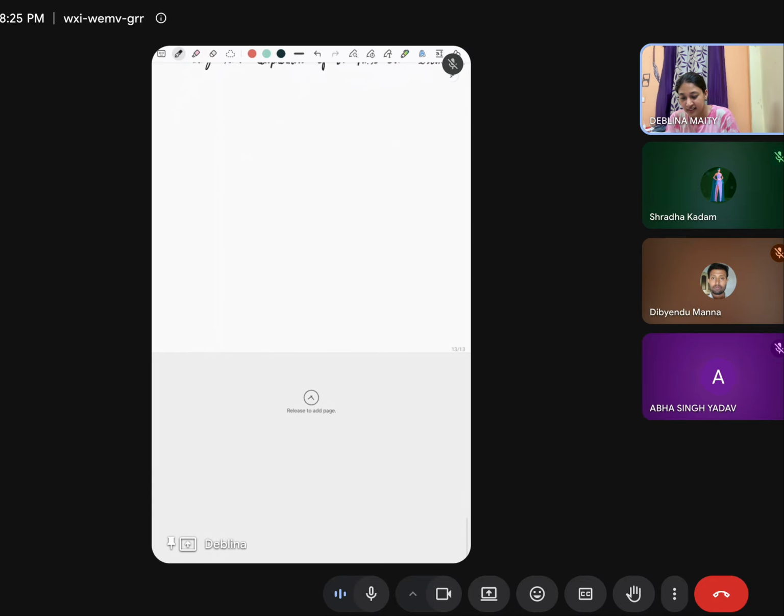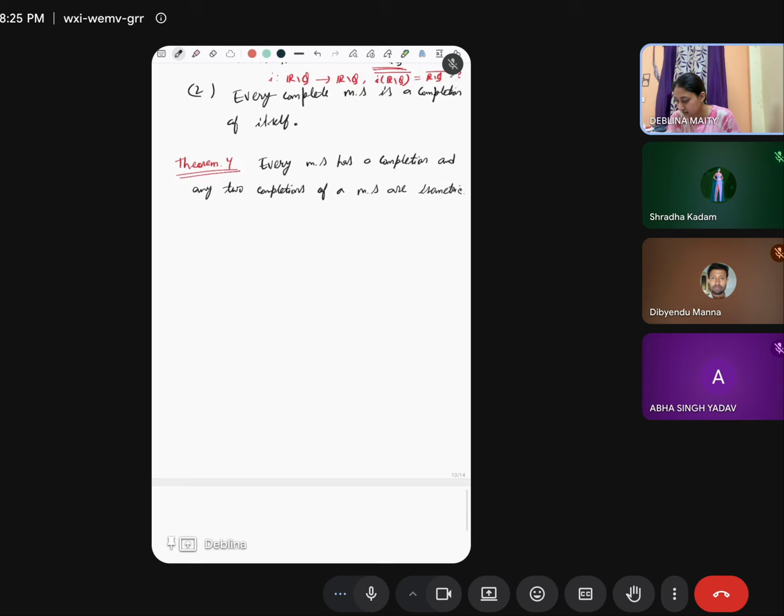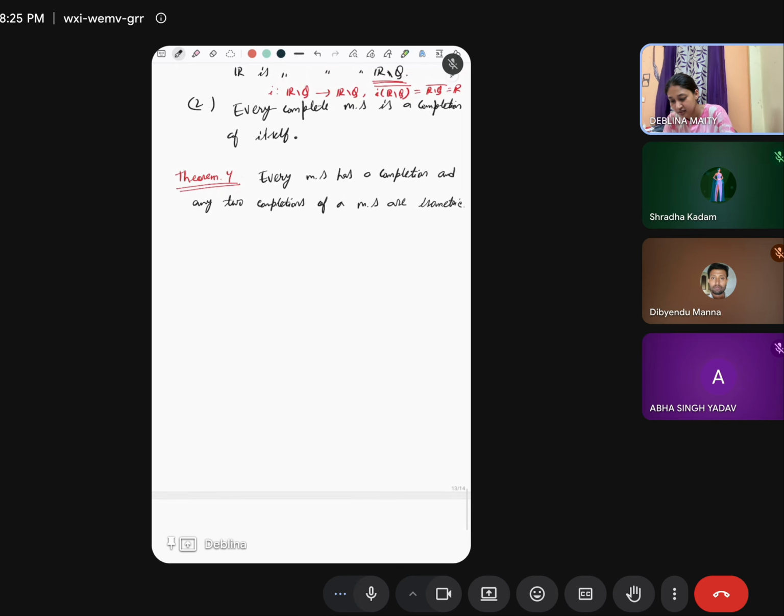Okay, now we'll discuss compactness of a metric space. So, compact metric spaces.